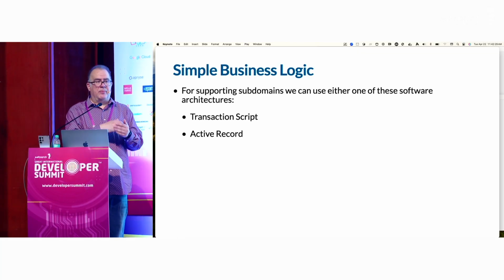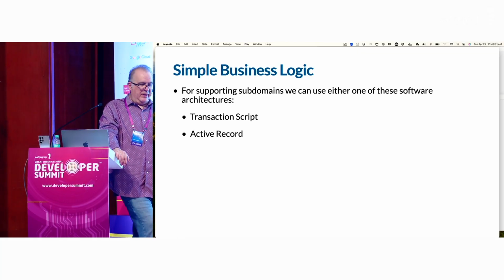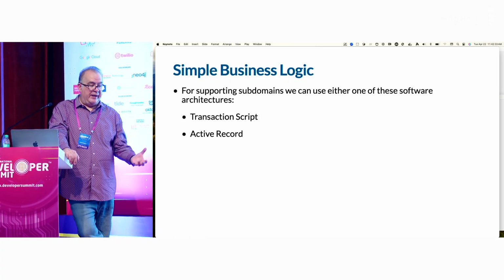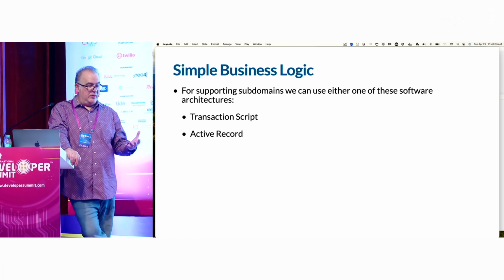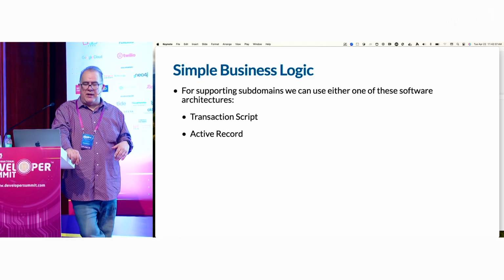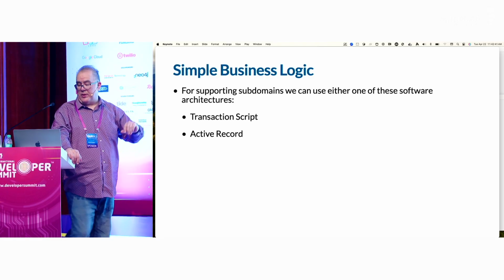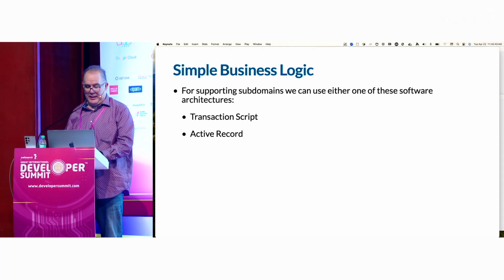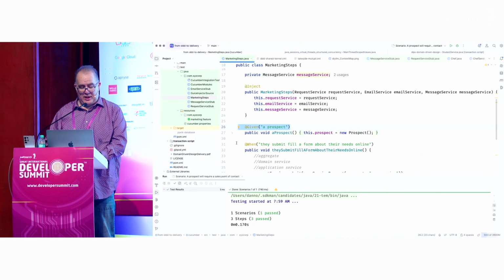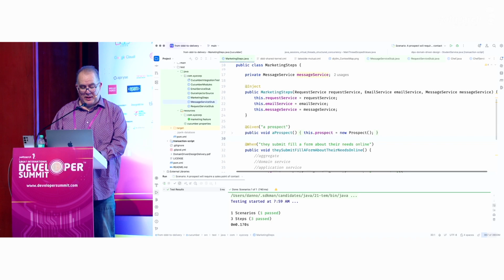I talked about junior programmers needing to be a part of everything, and you need to hire junior programmers to do items. Well, how is it that they're going to develop apps? Well, they'll either do transaction scripts or active records. And here, let me just cut to the chase as to what those are.